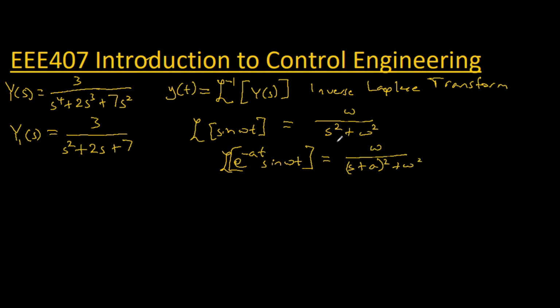Wherever s was, we have an s plus a instead. Now let's expand this. That gives me omega over s squared plus 2as plus a squared, that's this (s plus a) squared, and we have our omega squared still over there. Now this expression actually looks, if you want, exactly like this.